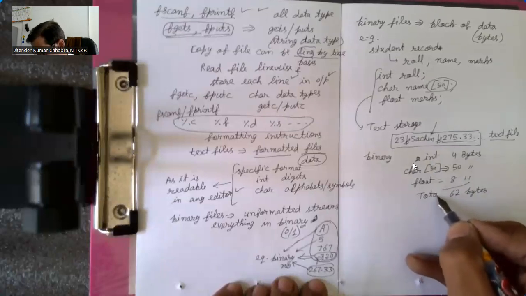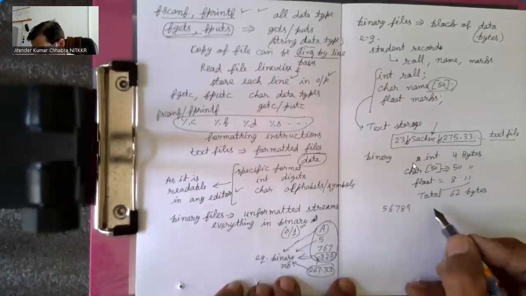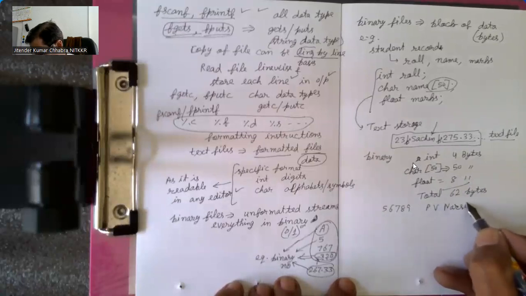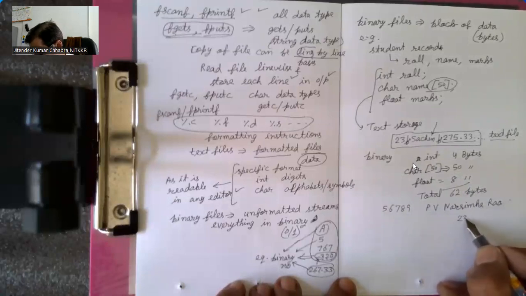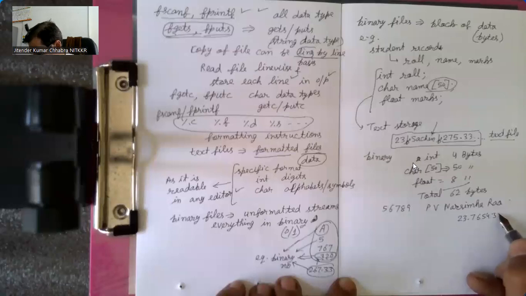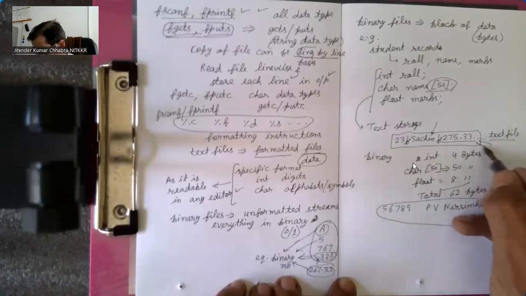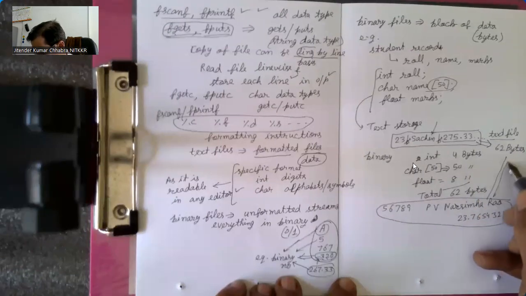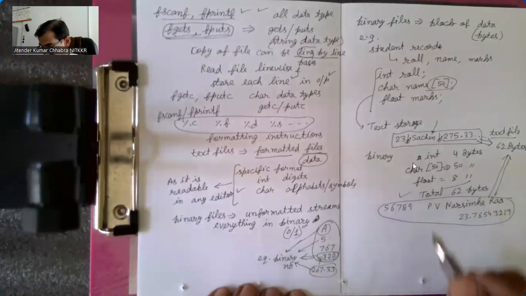Always, for any data you store, if your roll number was 5, 6, 7, 8, 9, or your name was a big name like P.V. Narasimha Rao, and maybe more characters also, or your marks were 23.76543219, all this will be stored in 62 bytes, and this also in 62 bytes, because everything is binary storage only. So that's binary files.